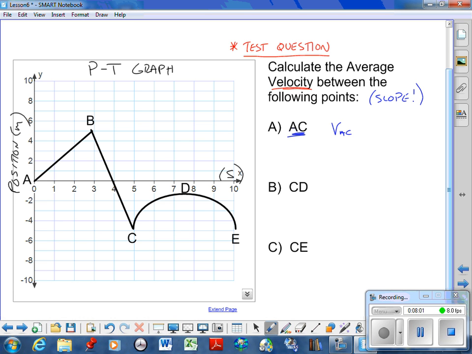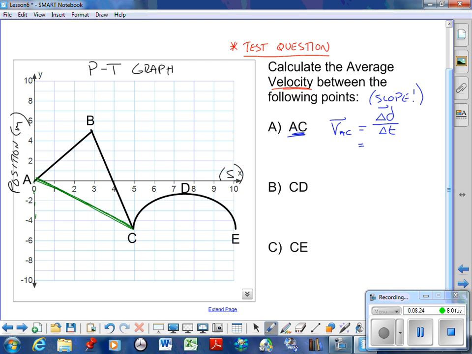The velocity of AC is going to equal change in displacement divided by time. What is the change in displacement from A to C? I'm going to draw a line connecting A and C because that's the average velocity. That green line I just drew represents our average velocity.